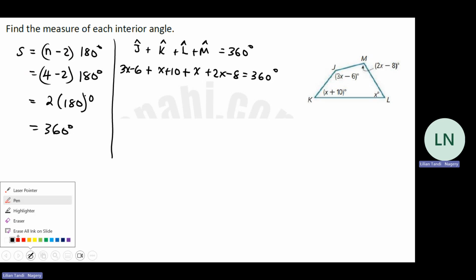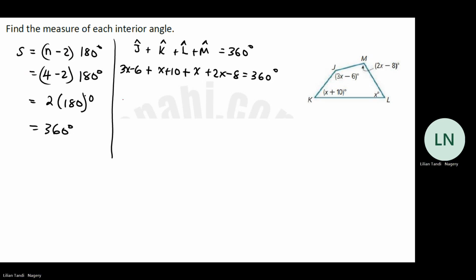Then what do you do? You add all your x's. So you have 3x plus x plus x plus 2x. How much is this? 5x, 6x, 7x. This is 7x. Then over here, you have your numbers.